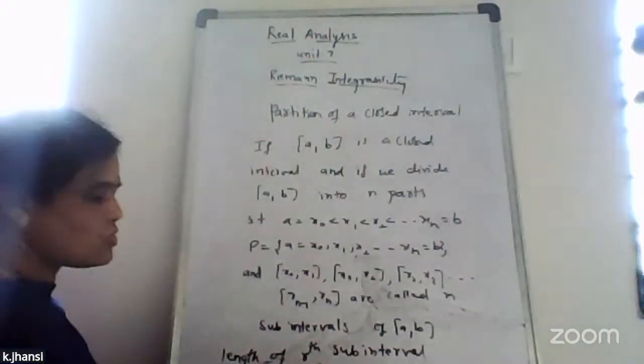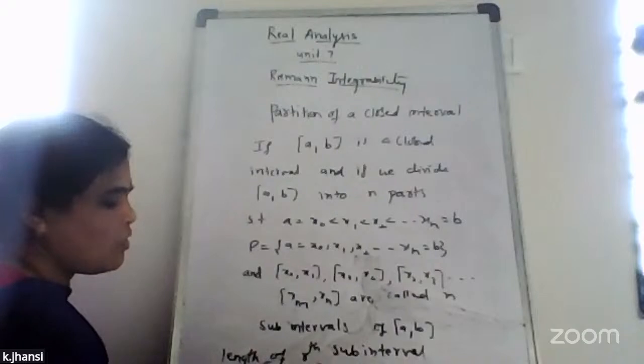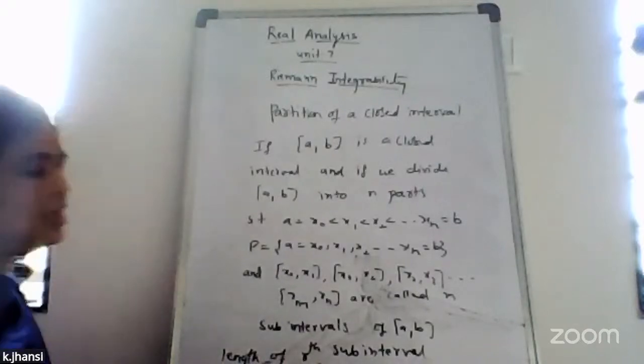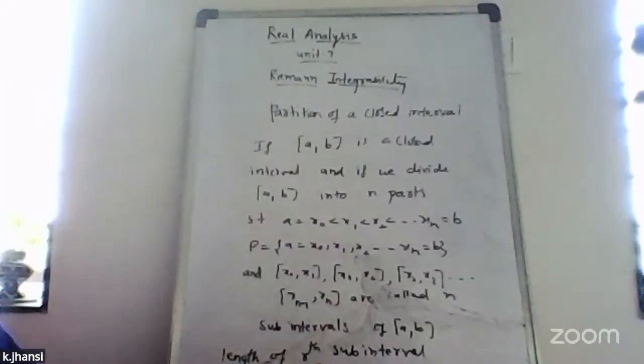Delta r is equal to xr minus xr minus 1, this is the formula. For solving problems and also for solving theorems, we use the concept of length of subintervals, that is small delta r is equal to xr minus xr minus 1.